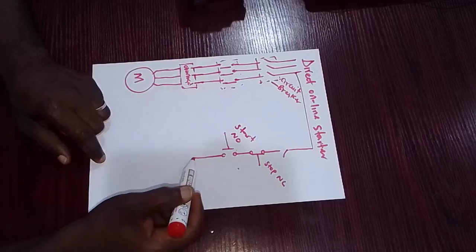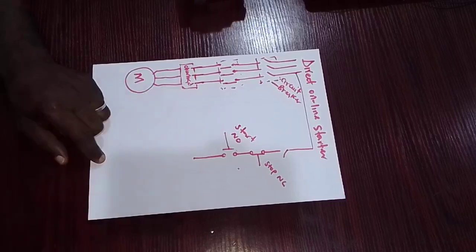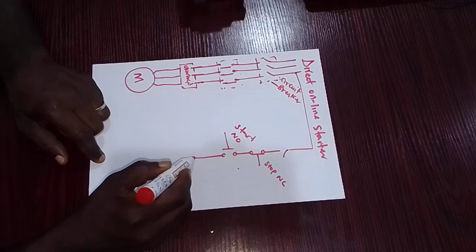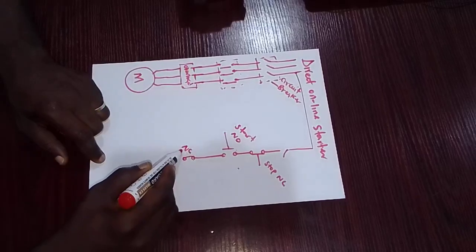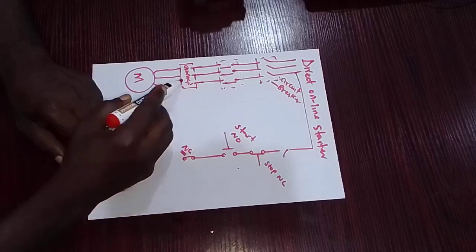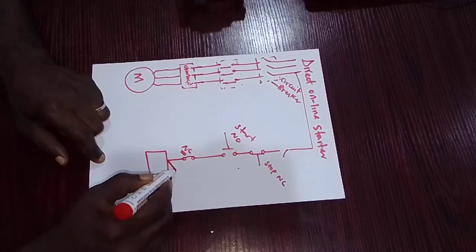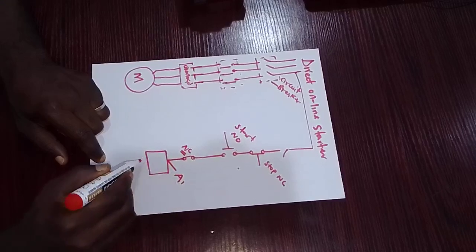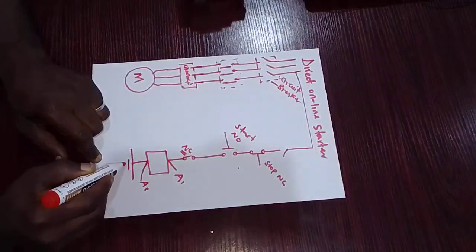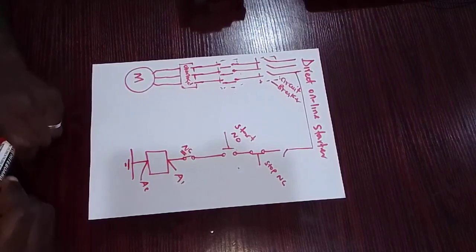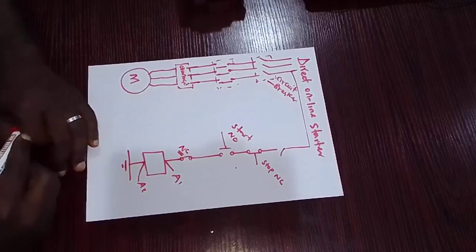So before the supply gets to the coil, because of this protective device, if you're using an overload, this terminal also has to pass through the normally close of the overload before it now gets to the coil, that is A1 of the coil of the contactor, while A2 is connected to the neutral, which is represented by this symbol representing the ground as our neutral.